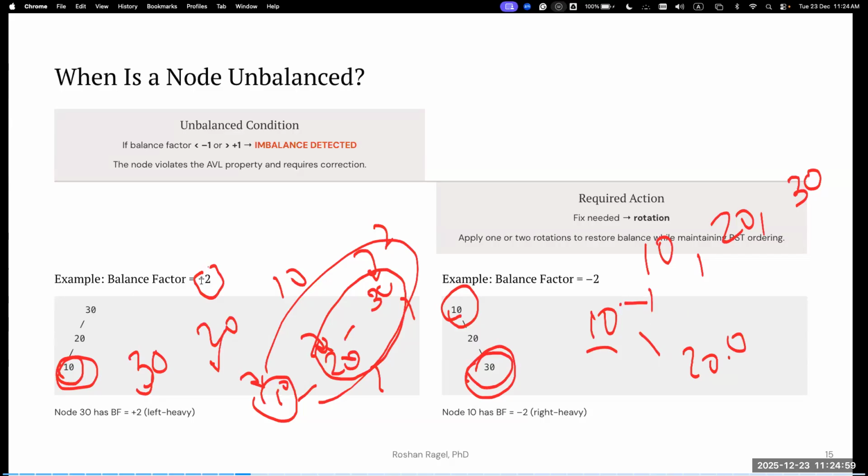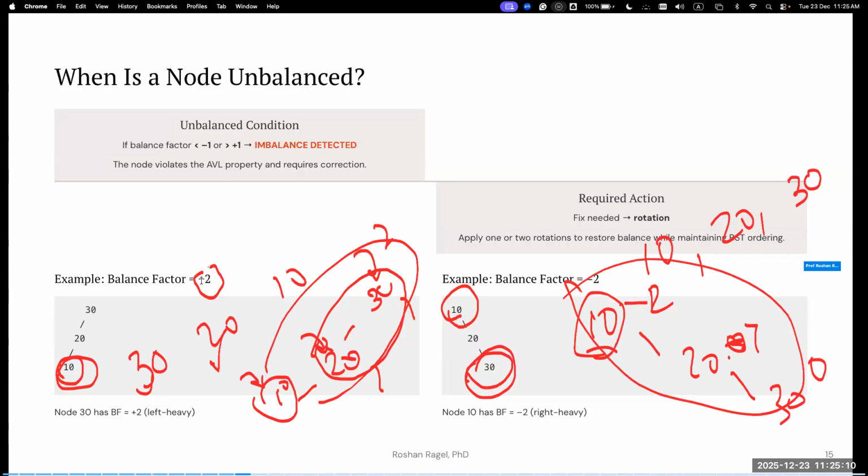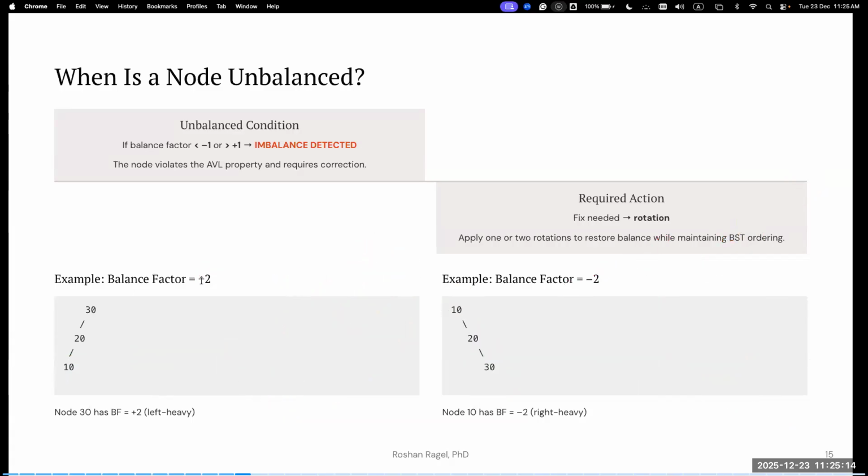So I add one more, 30. Now the balance factor of this is 0, of this is minus 1, and of this is minus 2. Now this node is unbalanced and therefore this tree is unbalanced. So the imbalance happened when I added the last element, and then we had to figure out what to do.